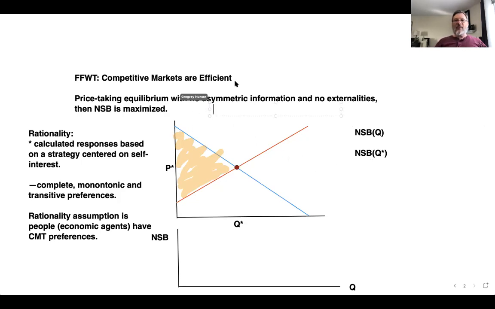So our first fundamental welfare theorem says basically, and I'll be a little bit more specific, in other words, net social benefit is maximized at Q star.